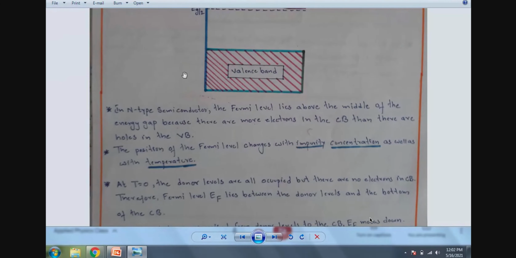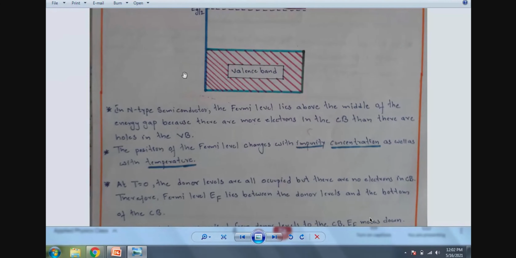Here, at T equal to 0, the donor levels are all occupied, but there are no electrons in the conduction band. Therefore, the Fermi level EF lies between the donor level here. See here, taking this first position as the starting point, all the electrons are completely filled here.